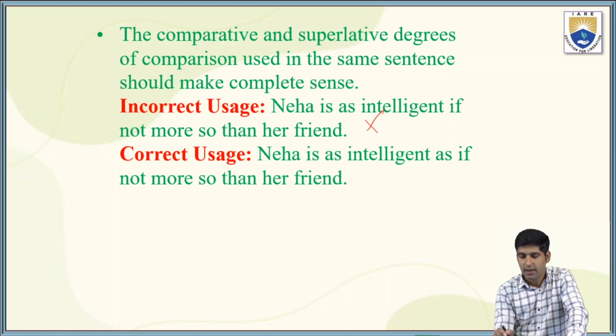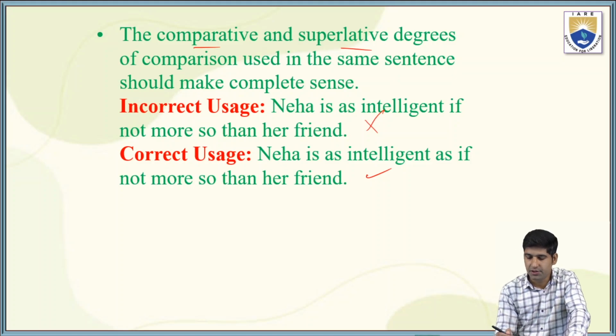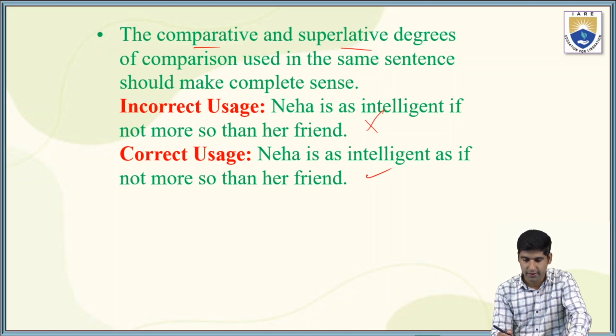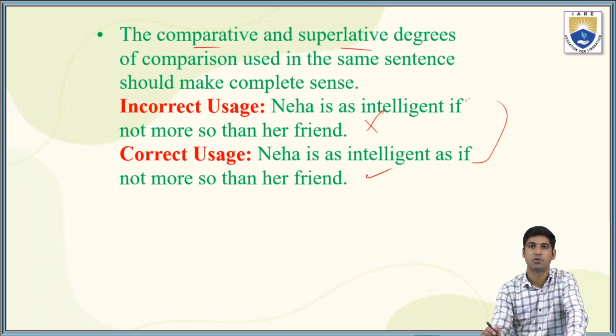It should be like this: Neha is as intelligent as, if not more so than, her friend. We are talking about a complex comparative and superlative. This requires some sort of modification.